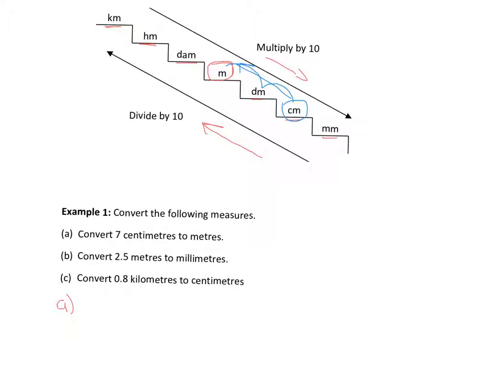Okay, so 7 centimeters, write down the original. Because I'm dividing by 10 twice, I need to put some zeros in front of it and move the decimal place from after the whole number 2 spaces, so I end up with 0.07 meters. Very important to include your units with your final answer in all of these questions.